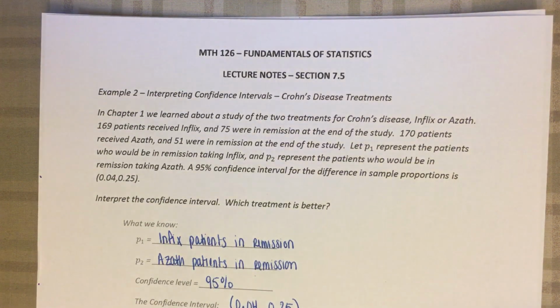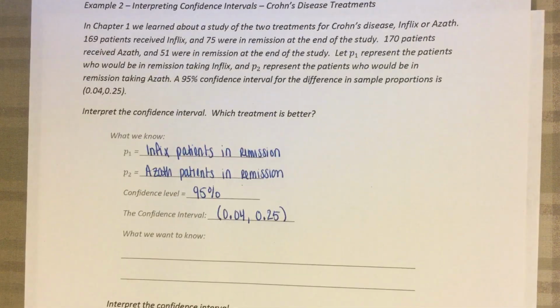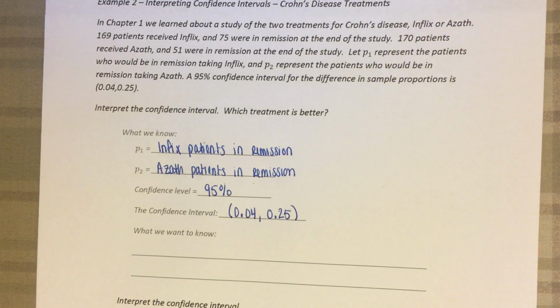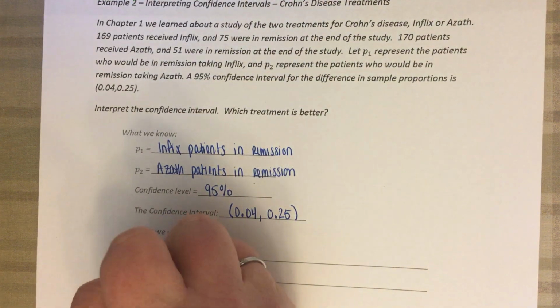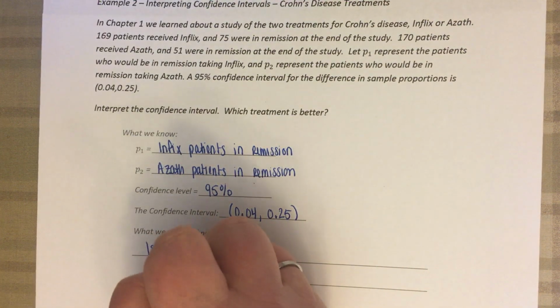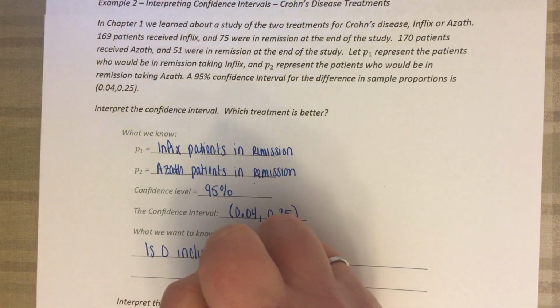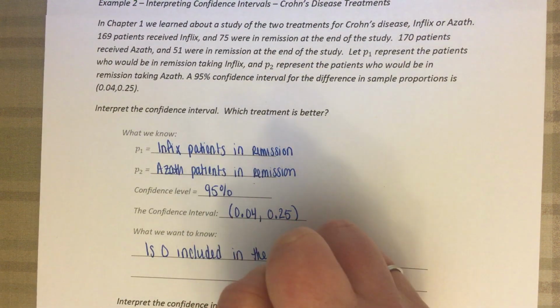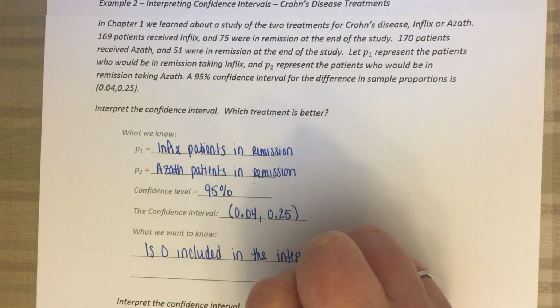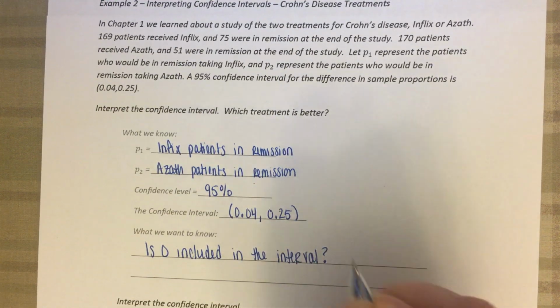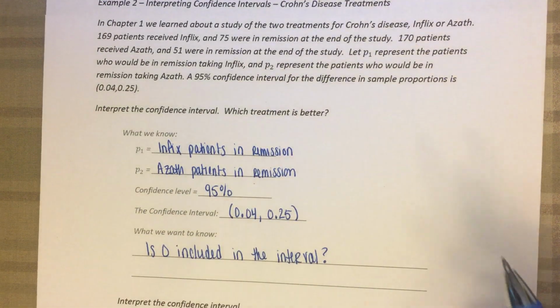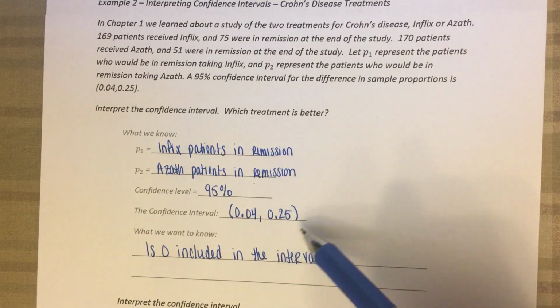All right, so the first thing we want to look at is, is 0 included in the interval? Right? And to determine whether or not 0 is included in our interval, again, we're looking to see if we have one positive and one negative in our interval.